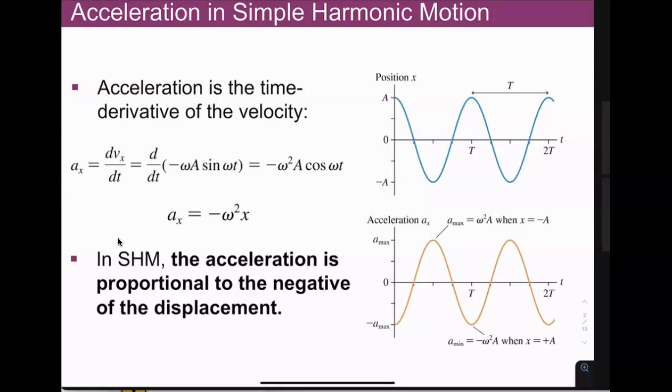So a sub x is equal to minus omega squared x, because we know that x is equal to A cosine omega t. In simple harmonic motion, the acceleration is proportional to the negative of the displacement.